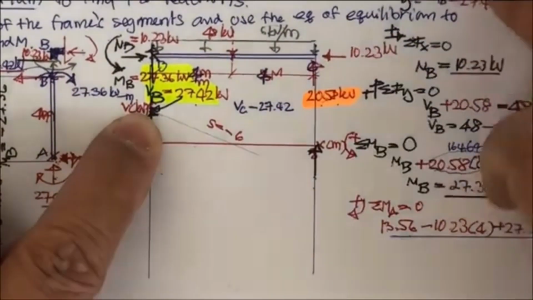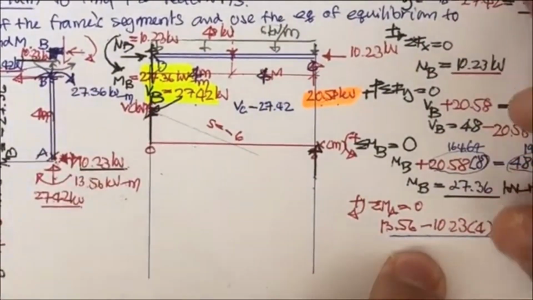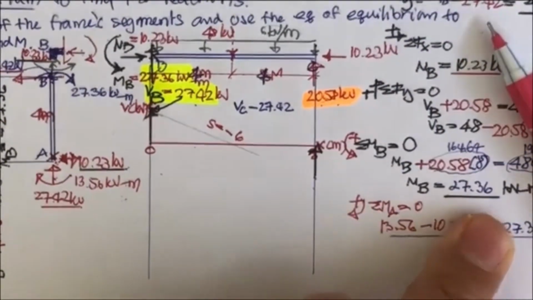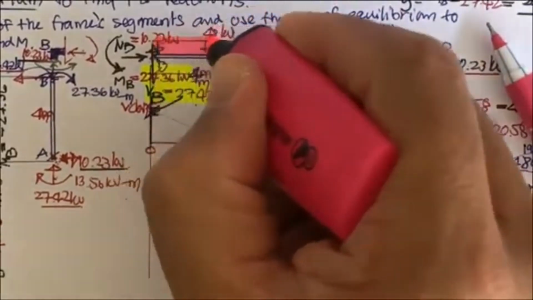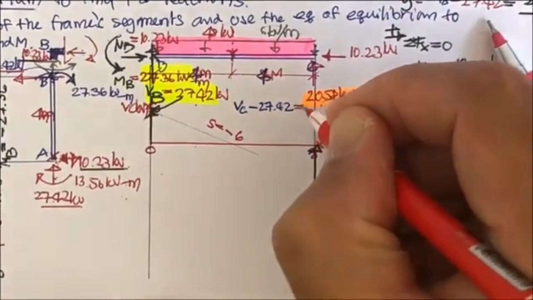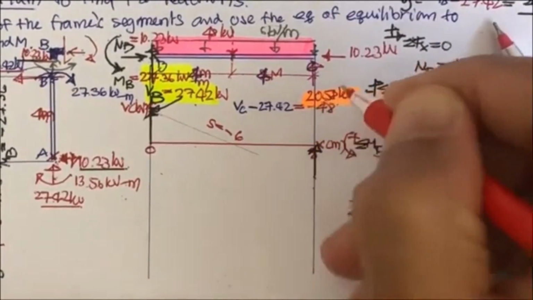27.42. And it's going to be the negative of the area of the distributed force. So this is the total area of it. The total area is what? It is 48. So it's going to be equal to minus 48.